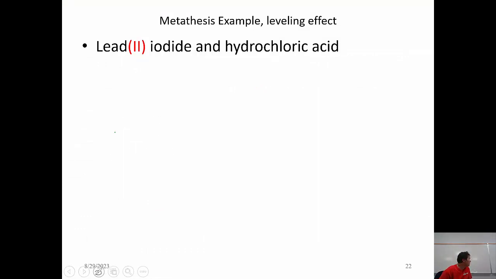All right. Continuing on with the leveling effect here. So when we have water and hydrochloric acid, versus water and hydroiodic acid.